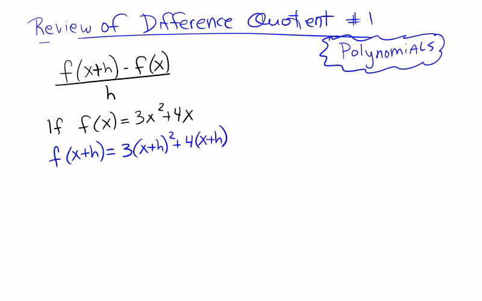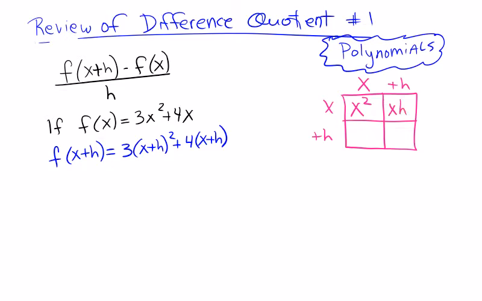Now, one of the biggest issues is that people have a tendency to multiply in the 3 first before multiplying out x plus h. So as a little side bit, we're going to do x and then plus h, and then x plus h in the multiplication. That gets us x squared, and then xh, then another xh, and then h squared.